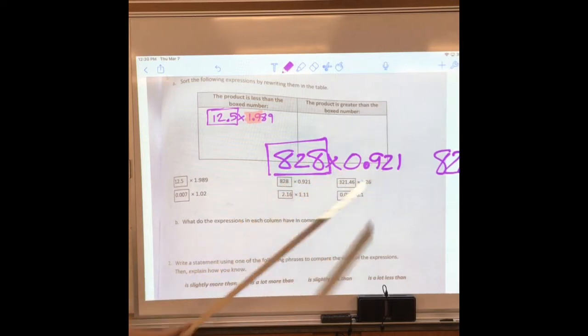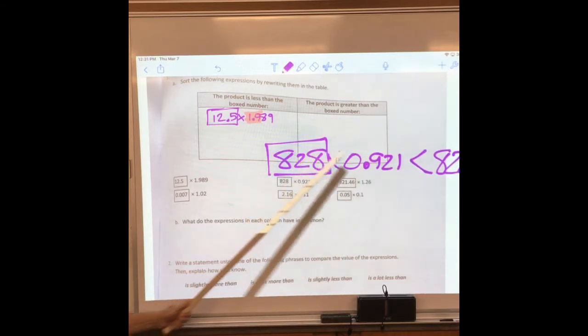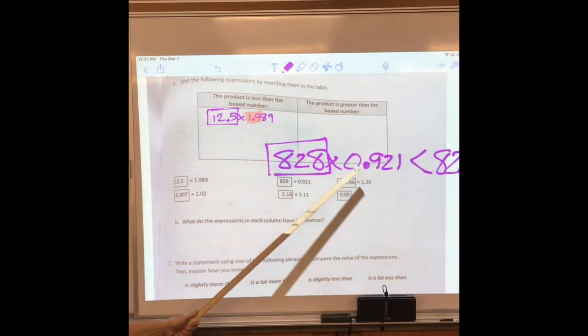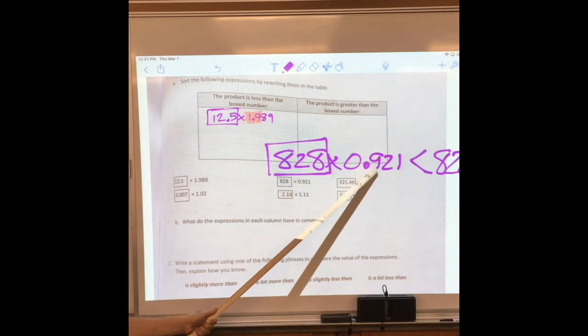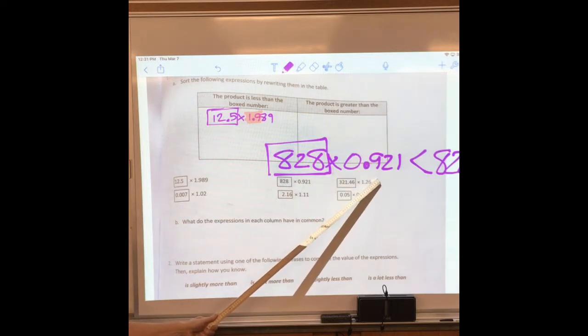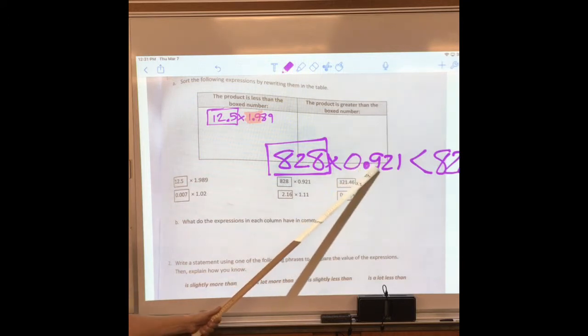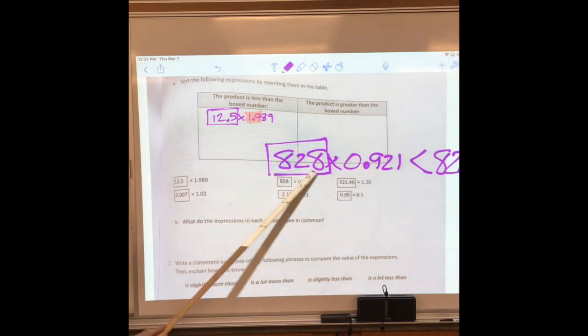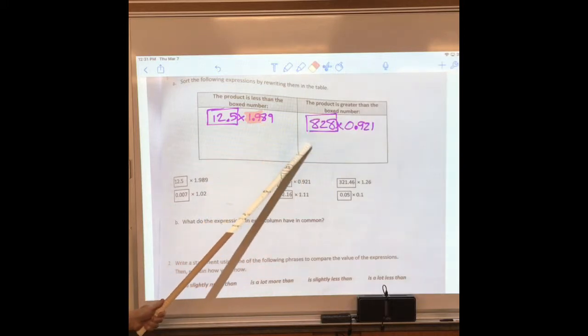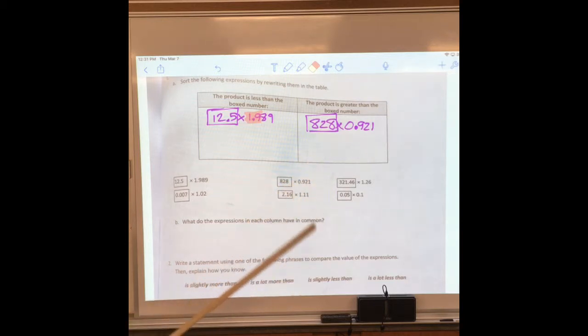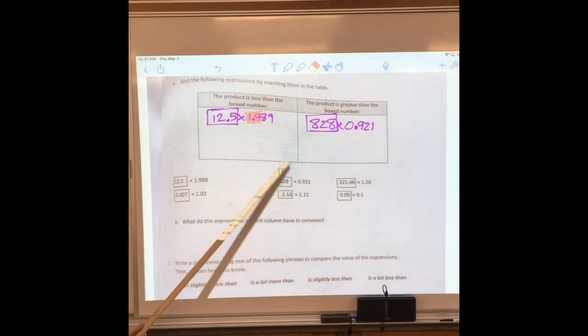Or is it going to be less than? That's right. This is going to be less than. Why is this less than that? Because this is less than 1, huh? So even though there's a 9 there, which is a bigger number, it's behind the decimal. So this is actually going to be less than 8 to 8. So where are we going to put that on our chart? Okay, so I shrank that down and put that into our box here. That's how you do these problems, okay?